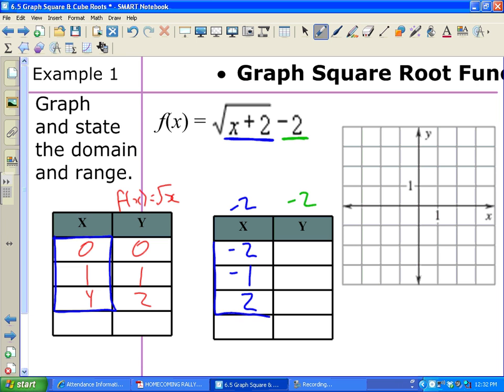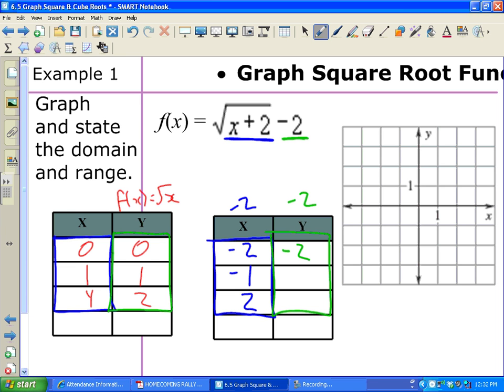This is my child of x. My parent was 0, 1, and 4. I've changed it. I've translated it. That's your geometry word there. I've translated it opposite x, or negative 2. I've shifted those over. Next up, looking at my y values. Again, my parent y values were 0, 1, and 2. My child y values will be same y, which is minus 2. This will be 0 minus 2.